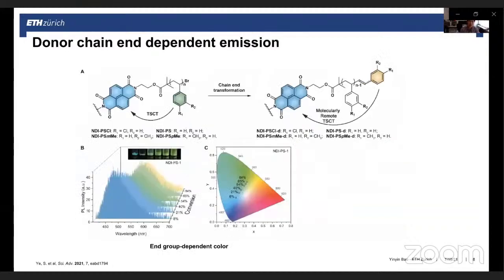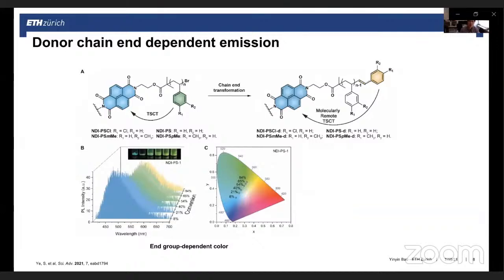And we observed a phenomenon: when we prepare the blue emissive polymers, we sometimes also observe a yellow color of emission. But this is hard to control. Then we carefully revisited the characterization data of the polymers.